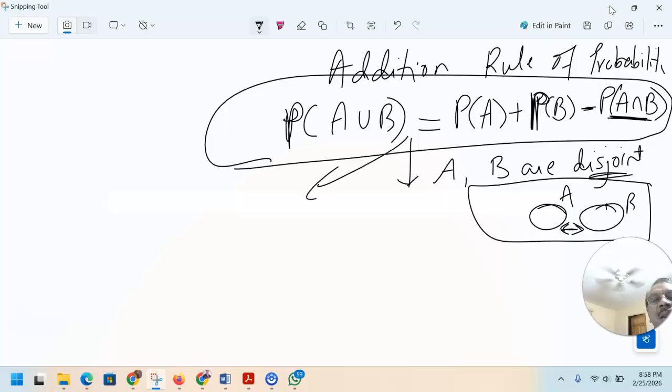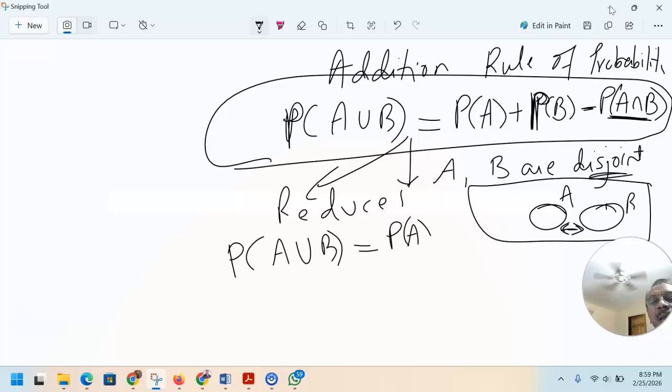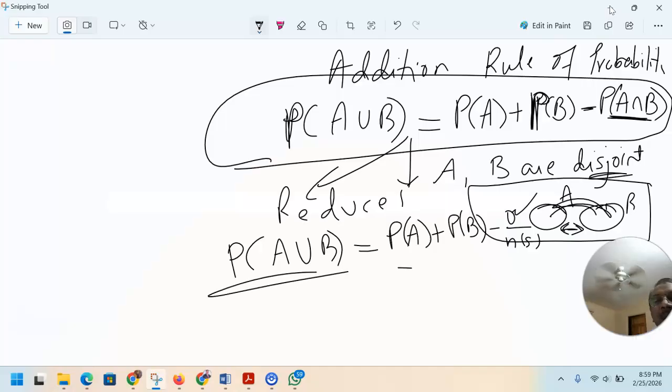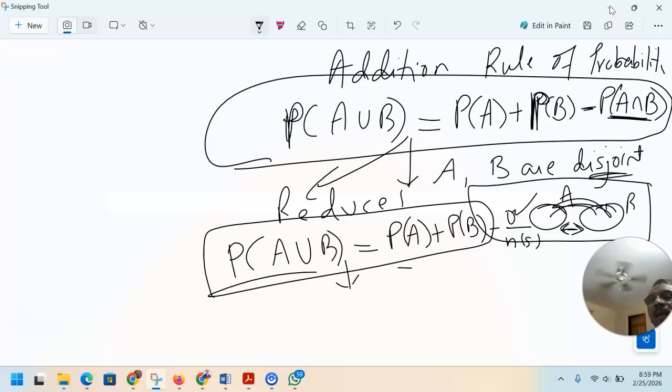So this whole formula reduces, as a special case, to the probability of A union B being the probability of A plus the probability of B. The minus part is actually zero over n of S, since there is nothing common between those two, so we reduce this to only this. That's a beautiful formula, and we'll see how to use it.